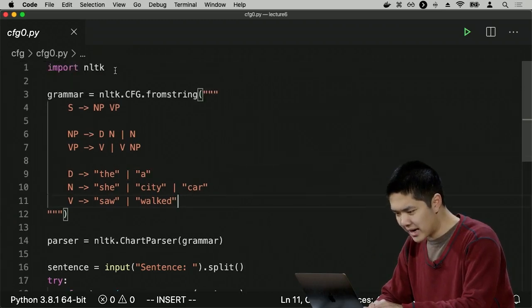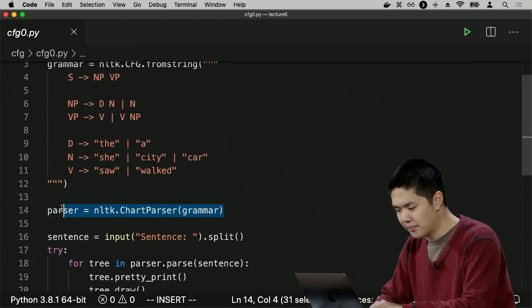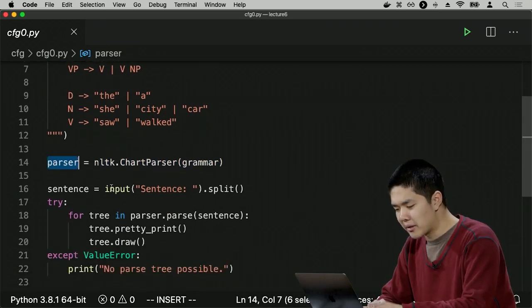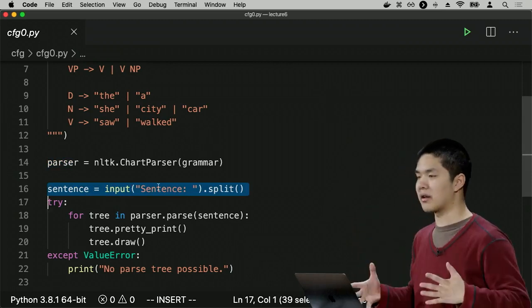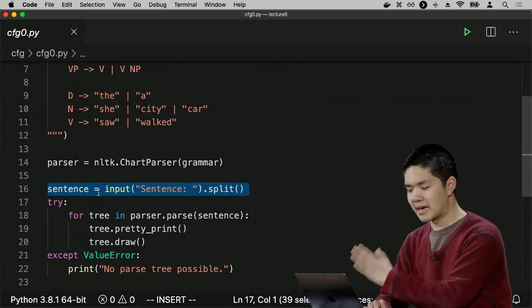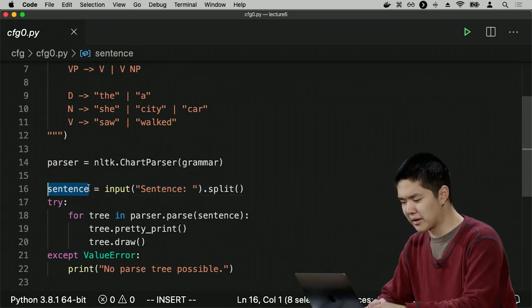Now, using NLTK, which I've imported here at the top, I'm going to go ahead and parse this grammar and save it inside of this variable called parser. Next, my program is going to ask the user for input, just like type in a sentence, and .split will just split it on all of the spaces. So I end up getting each of the individual words. We're going to save that inside of this list called sentences.